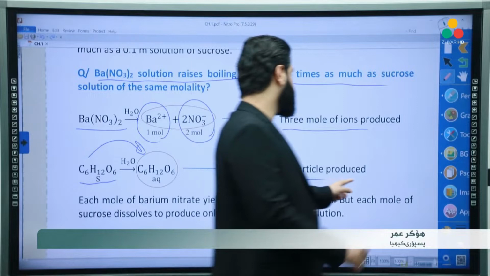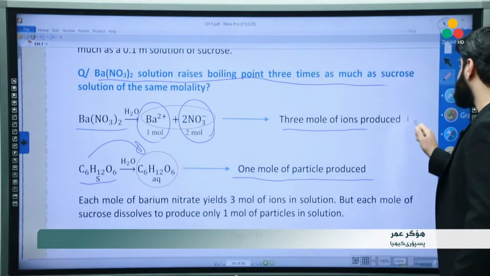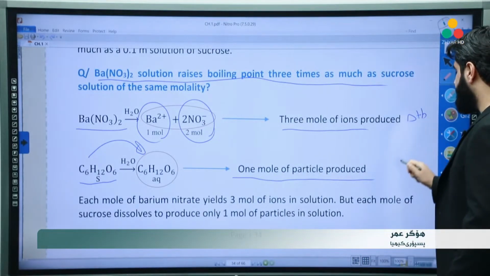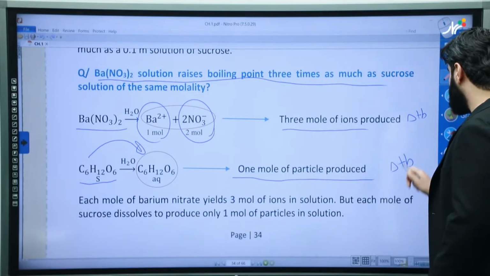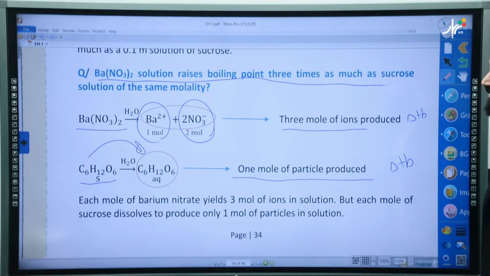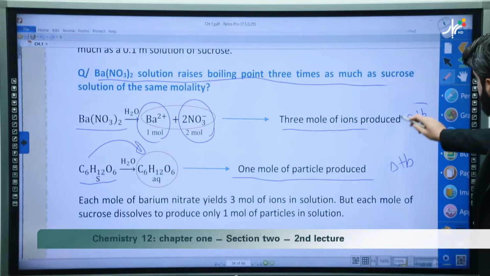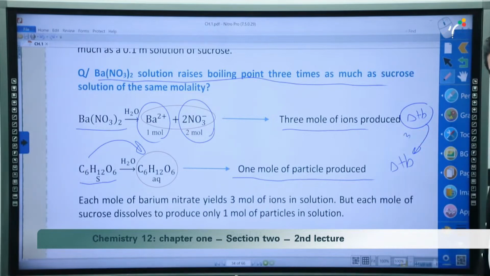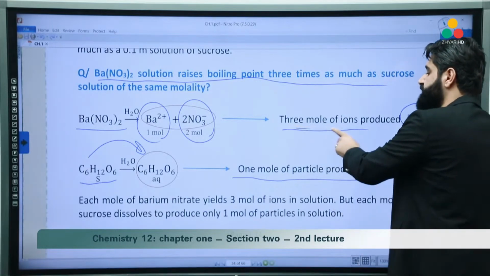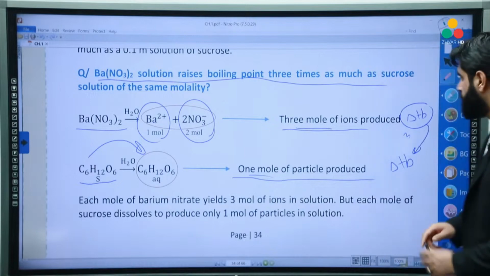So now, if we compare the value of delta Tb that comes from dissolving Ba(NO3)2 to the value of delta Tb that comes from dissolving of sugar, surely it's greater than this one by 3 times. Why? Because here we have 3 moles, but here we have 1 mole.